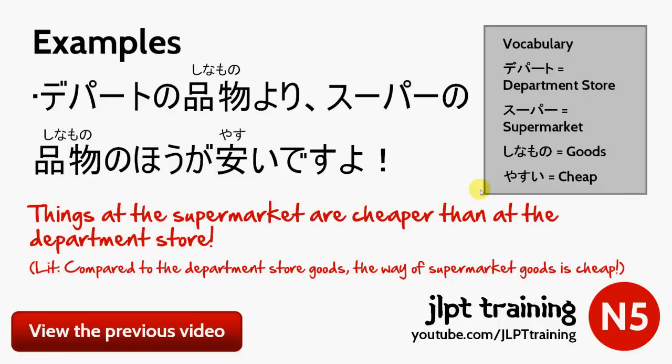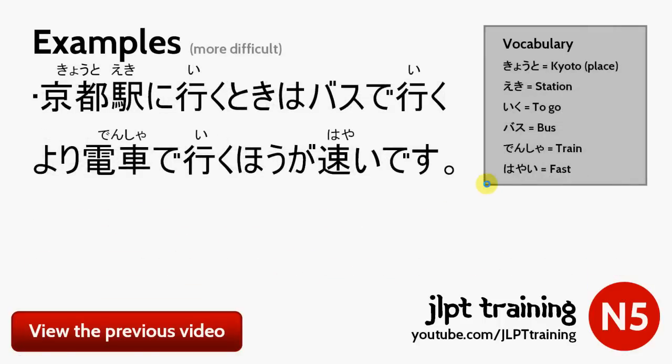And let's have a look at one more, slightly more difficult example. So, Kyoto eki ni iku toki wa bus de iku yori densha de iku hou ga hayai desu. So, Kyoto eki is Kyoto station, and iku is to go. And this toki here, you might not have come across this yet, I haven't covered it in any of my videos yet. However, this is sort of like when in English.